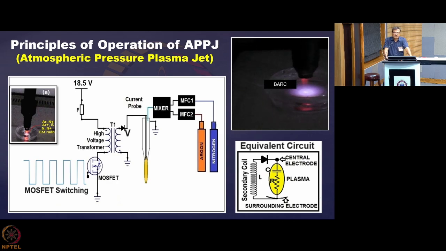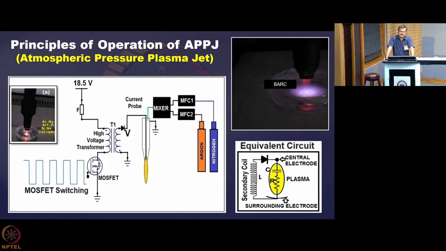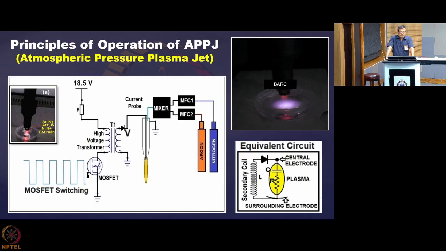Now I come to tell you what is the magic behind formation of such unique cold plasma devices. I am showing here a basic diagram. The basic principle is very simple.